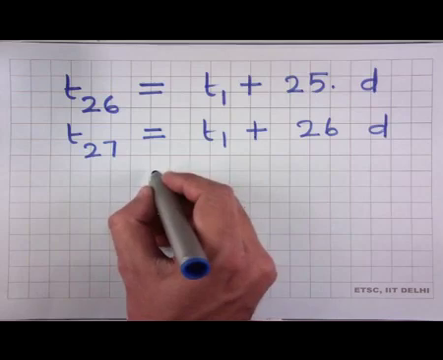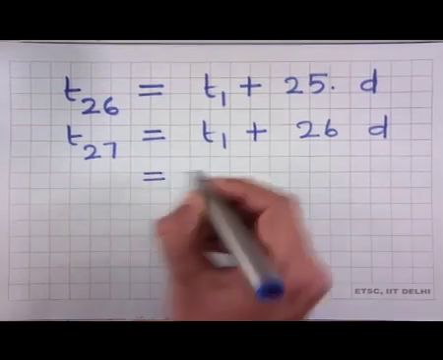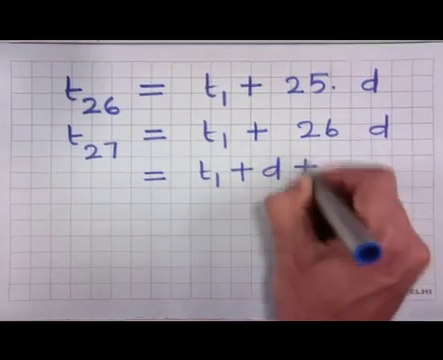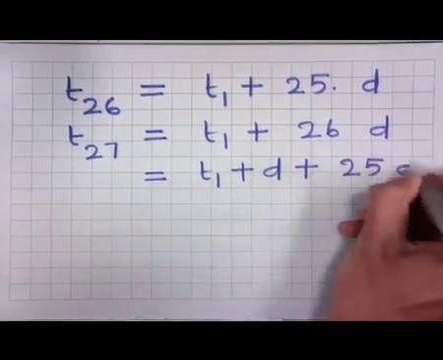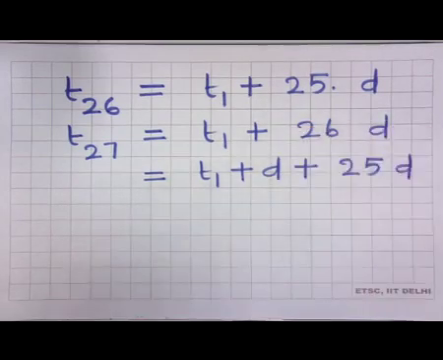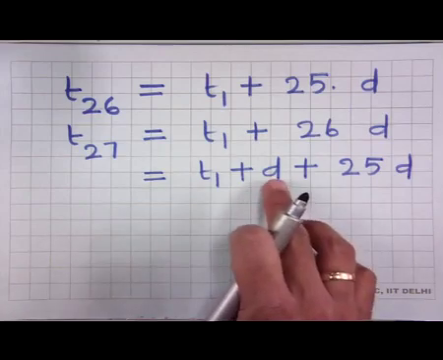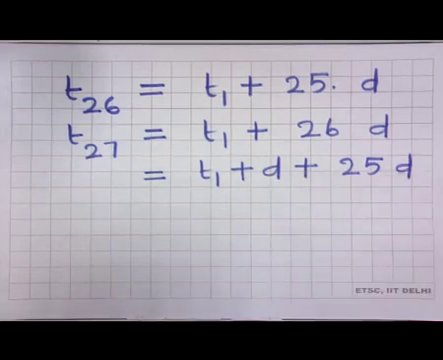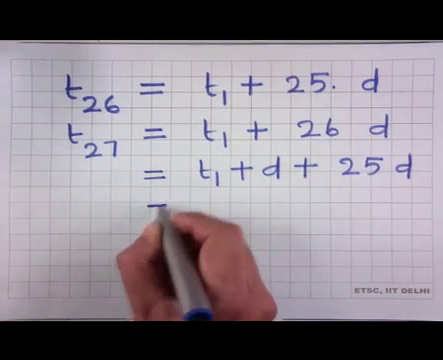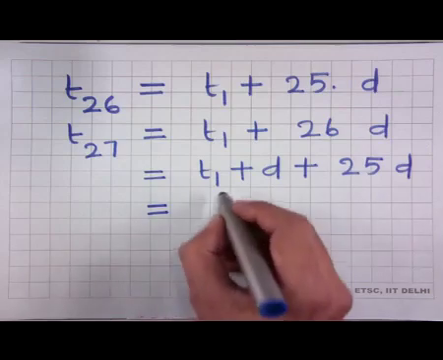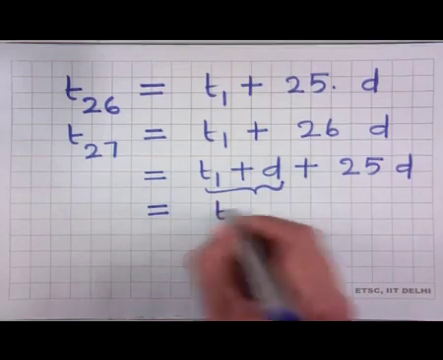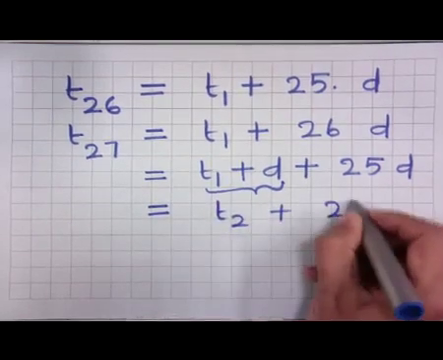The 27th term I can write as T1 plus D plus 25D. 26D is being simply decomposed into D plus 25D. From this, one can observe that the 27th term is the second term plus 25D.